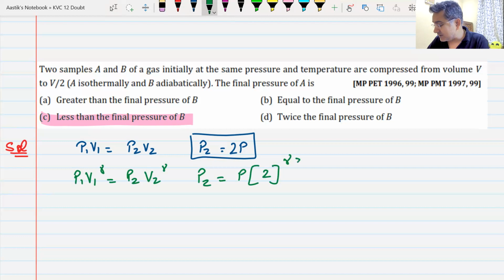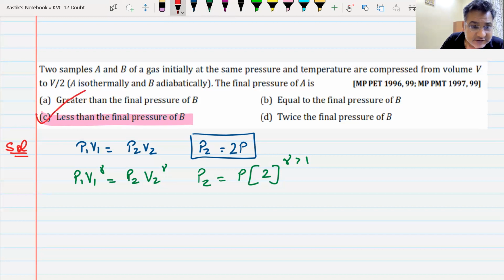And this gamma is greater than 1. So the final pressure of B would be more than the final pressure of A, or the final pressure of A would be less, and therefore C is the correct option. Do we understand this? Yes, sir.